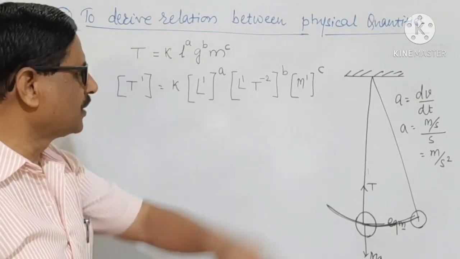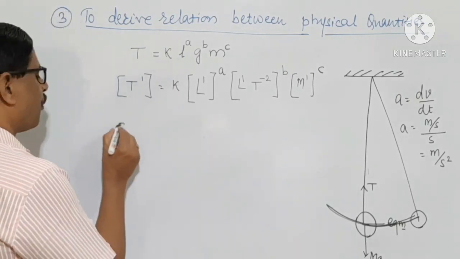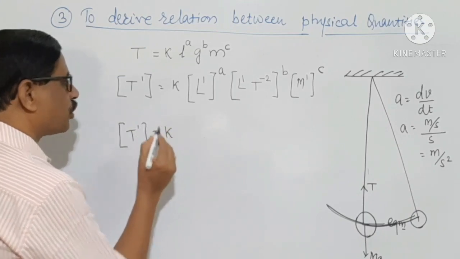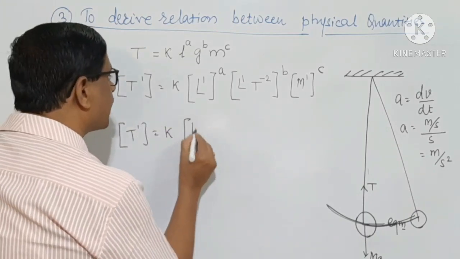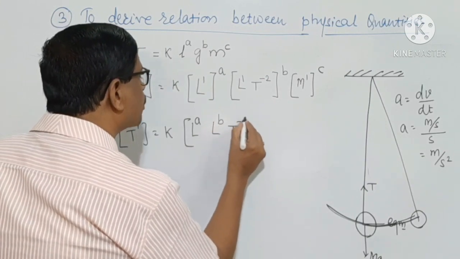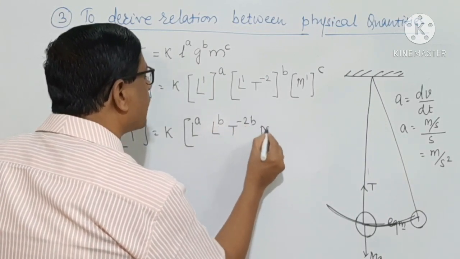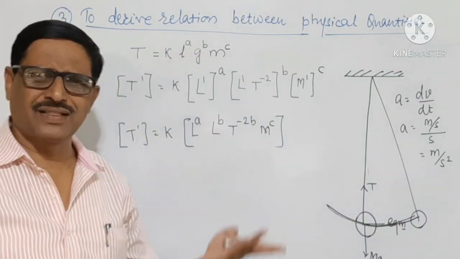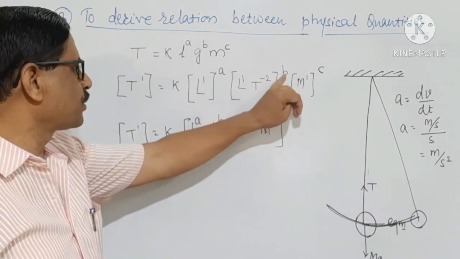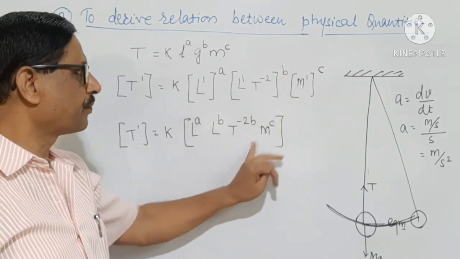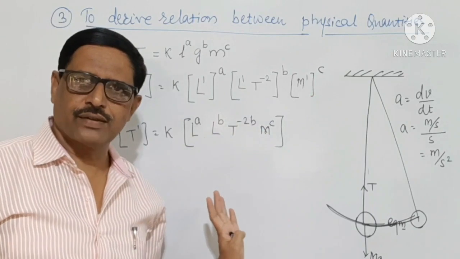We will simplify this equation. Therefore, what we will get is t raised to 1 equals some constant k, L raised to a, L raised to b, t raised to minus 2b, and m raised to c. Simple thing that we have done.